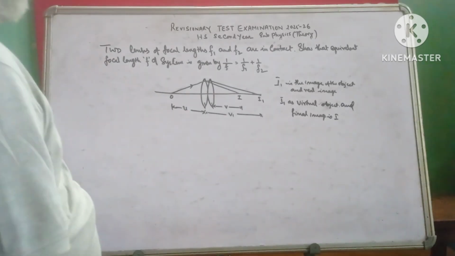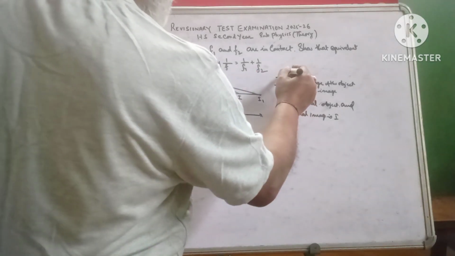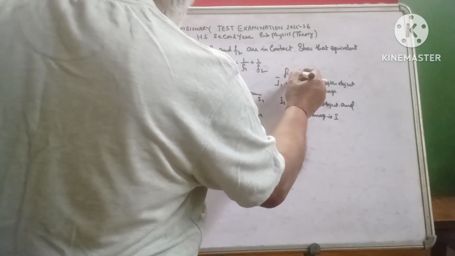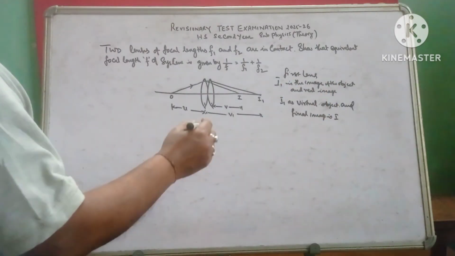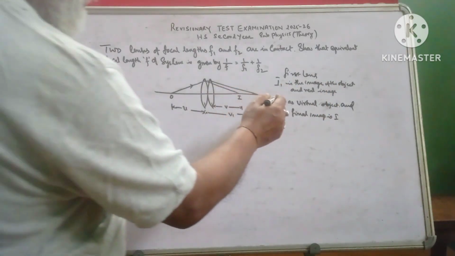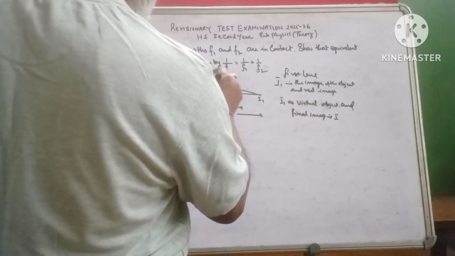So this is your setup. I1 is the image for your first lens, and this is the virtual object for the second lens.